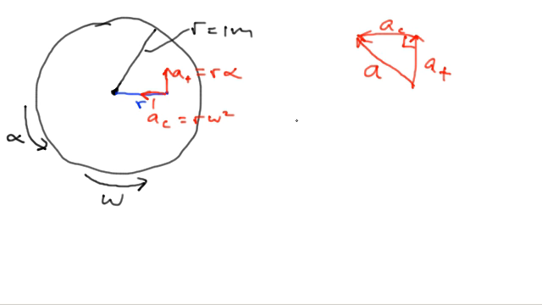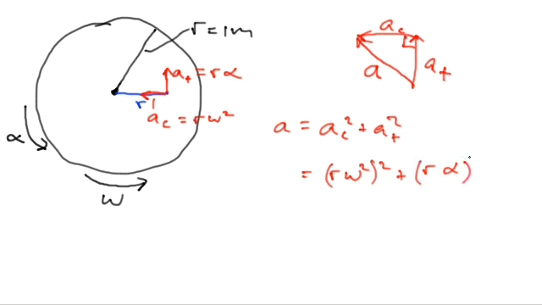So I'll take a is equal to, from that triangle, the square root of a_c squared plus a_t squared, which is r omega squared, squared, plus r alpha, squared, square root.